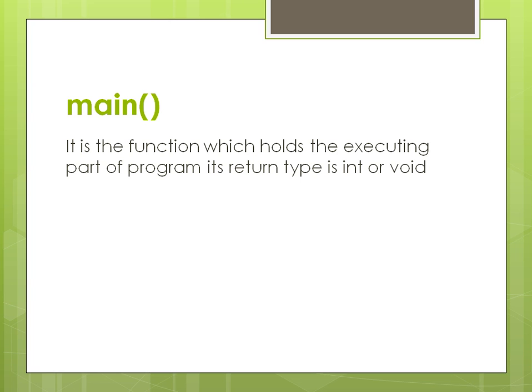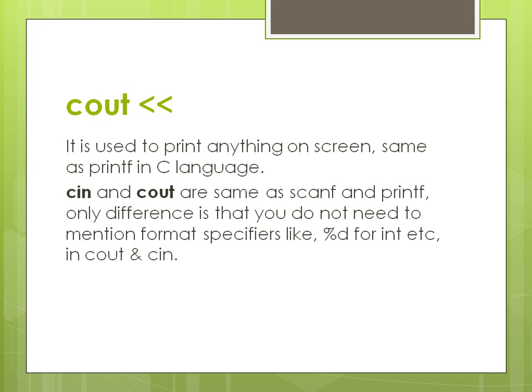From here the compiler starts executing the program, and its return type can be integer or void, but cannot accept any other return type except int or void. And void is always used with the getch statement in the end.